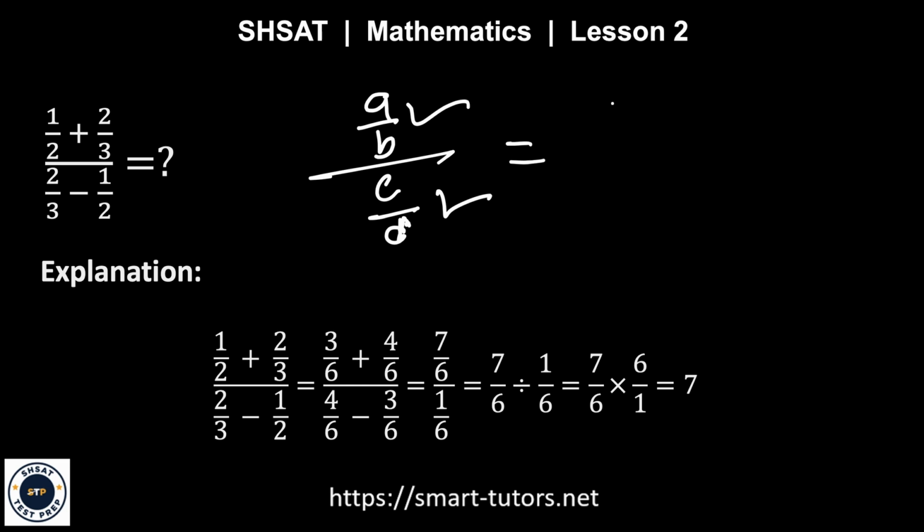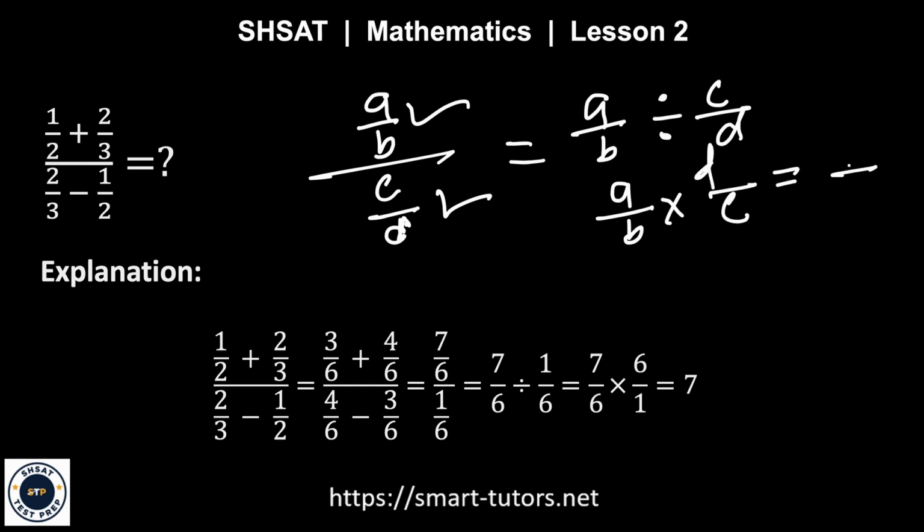You know how to divide: keep change flip, Kentucky Chicken Fry. So that is a over b times d over c. That gives you ad over bc. That is how to do it if you have a fraction like this.